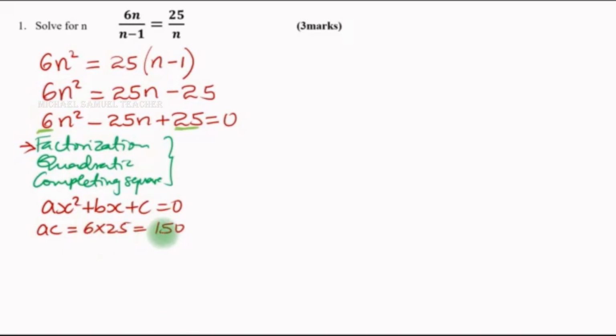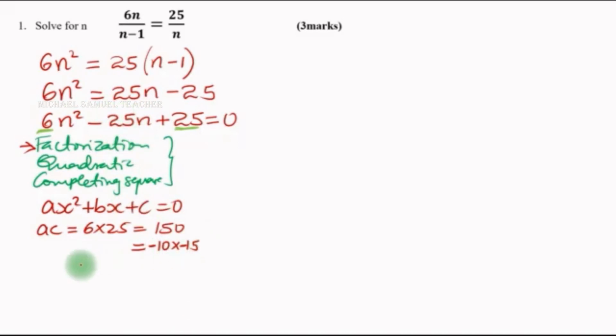Therefore, we need to get 2 factors of 150 such that when we add them, you get minus 25. So in our case here, the 2 factors are 10 and 15, but negative. Remember, negative times a negative gives positive 150. So minus 10 and minus 15 will give us minus 25. So that's what we are going to use in the middle part.